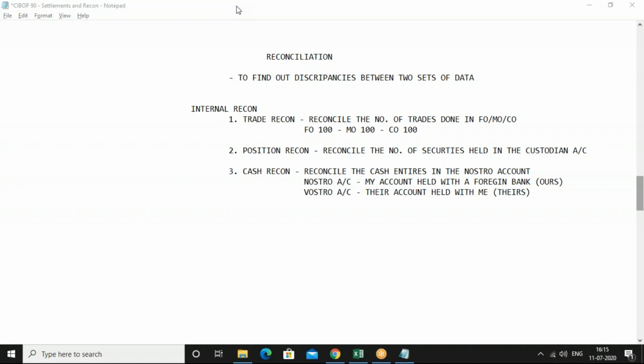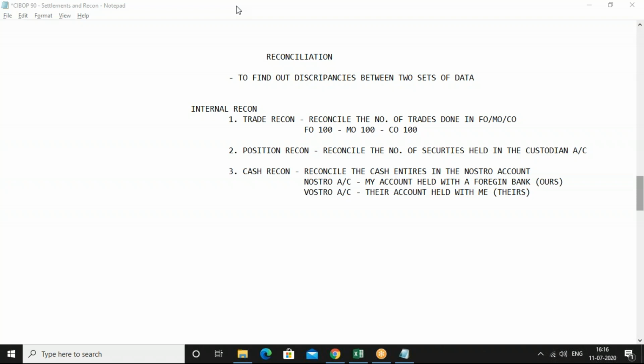You have trade reconciliation, position reconciliation, and cash reconciliation. Within this, these are broad classifications, especially in trade reconciliation. So here you can do exchange reconciliation, let's say middle office versus exchange. You can do back office versus stock exchange, or again CCP for OTC transactions.